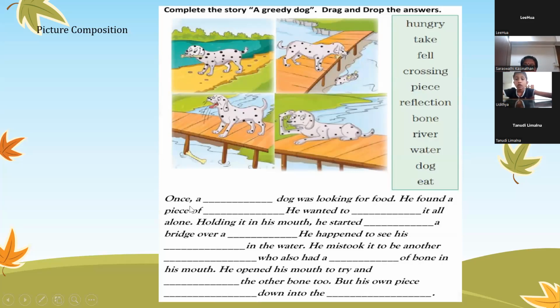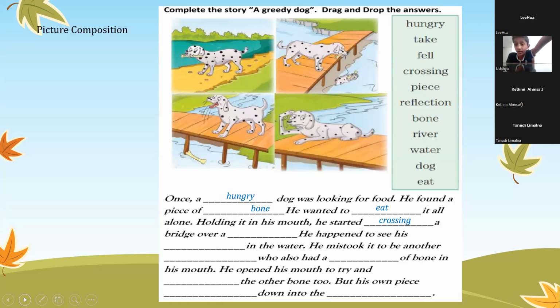Once a hungry dog was looking for food. He found a piece of bone. He wanted to eat all alone. Holding it in his mouth, he started crossing the bridge over a river.